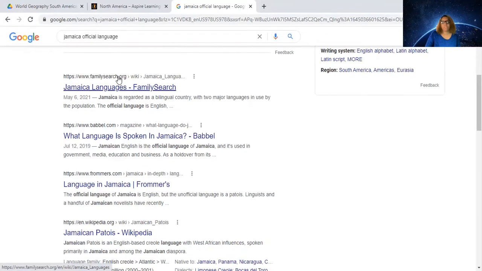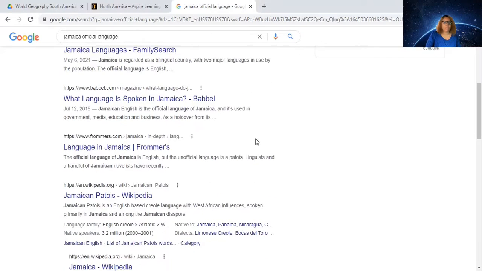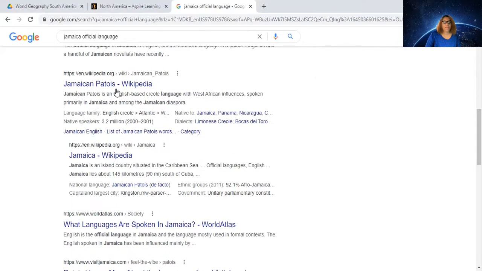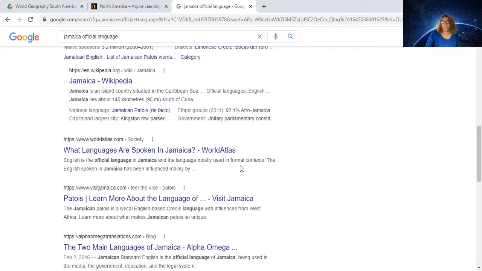They will do more research than just a simple .com that anybody can build a website with in hours and do scammy stuff too. Or any reputable websites, like Babbel.com is known. Wikipedia, even though it's a .org, is not always completely reliable, but I do use Wikipedia as well. So worldatlas.com is one of my resources, as you'll see in a little bit.